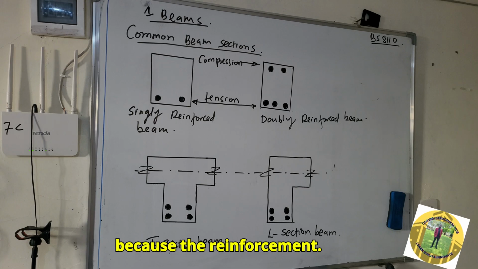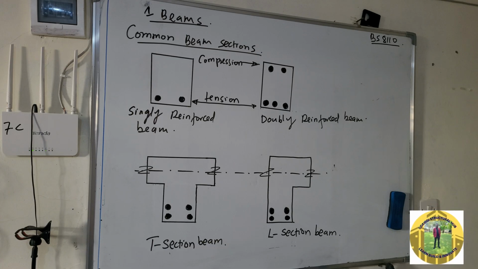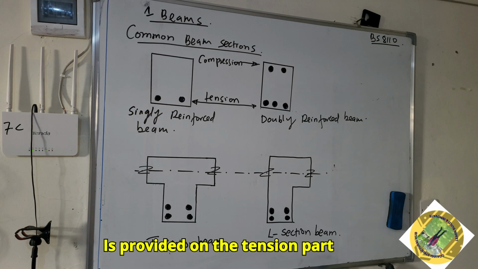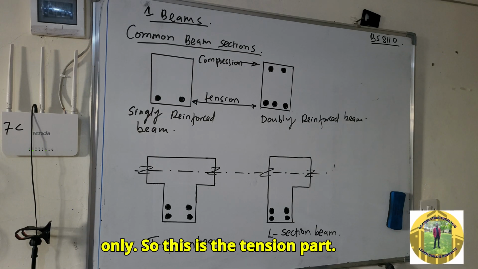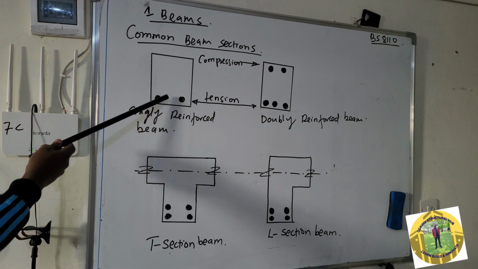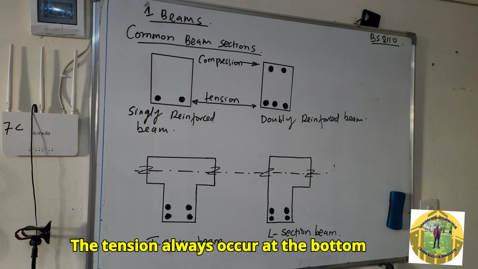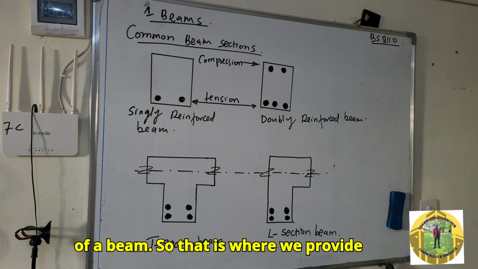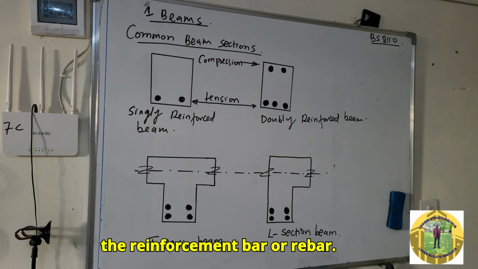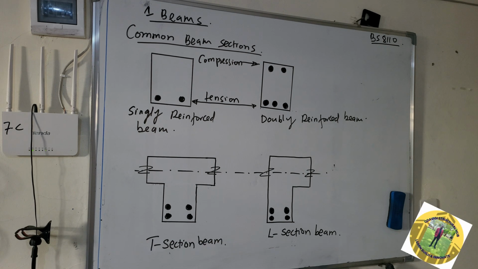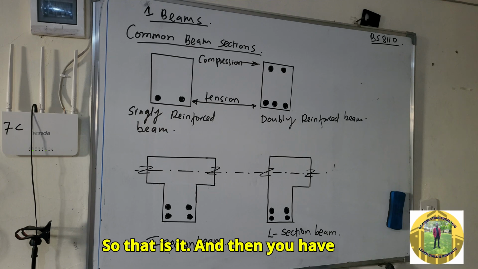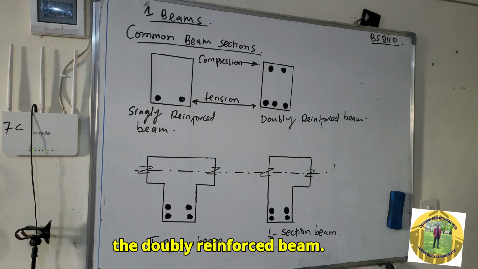It is because the reinforcement is provided on the tension part only. So this is the tension part. The tension always occurs at the bottom of a beam. So that is where we provide the reinforcement bar or rebar. And then we have the doubly reinforced beam.